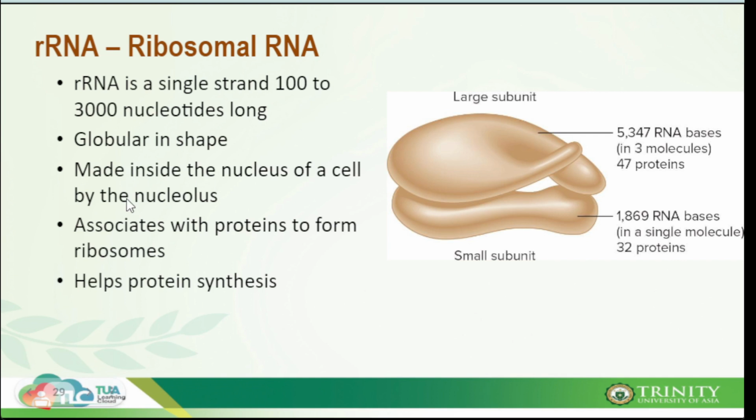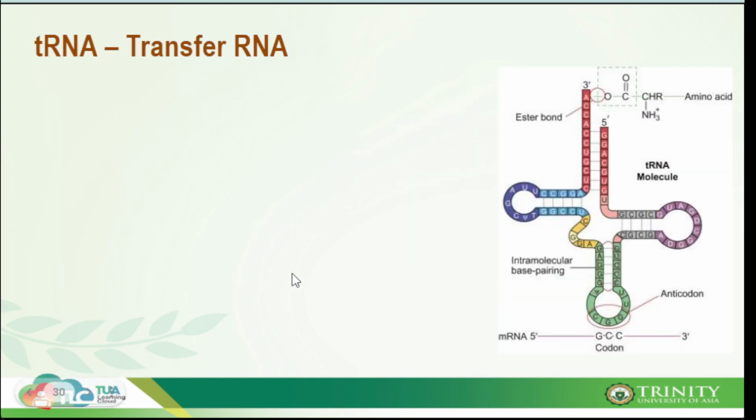Kindly remember, it might just be asked in your exam that the nucleolus is not always found in the cell cycle. Okay, usually nag-a-appear lang yan after cell division. So, the ribosome will associate with proteins, okay? And it helps in protein synthesis. We have your tRNA also, or transfer RNA, which is clover leaf shaped.